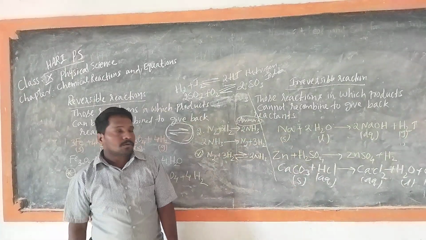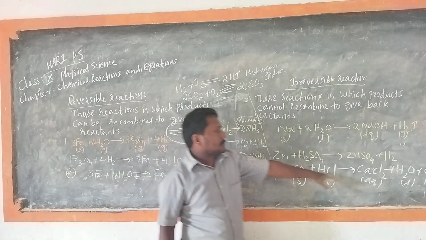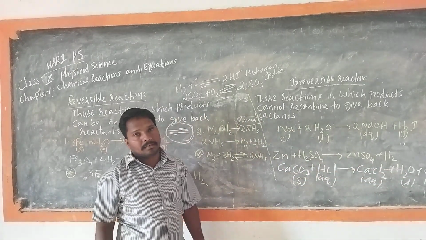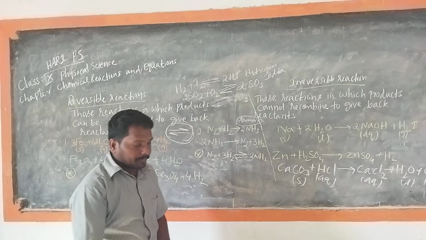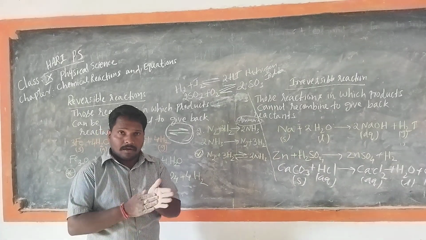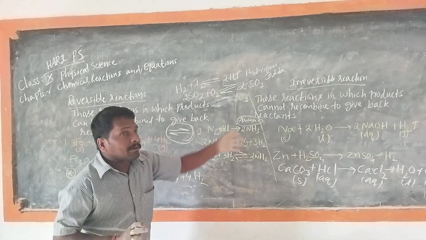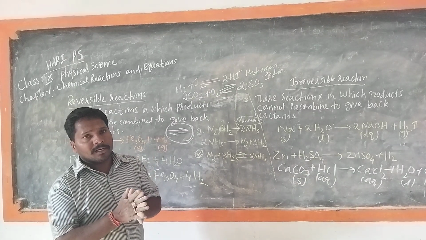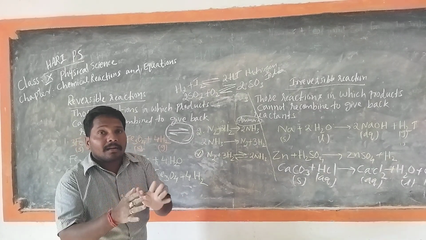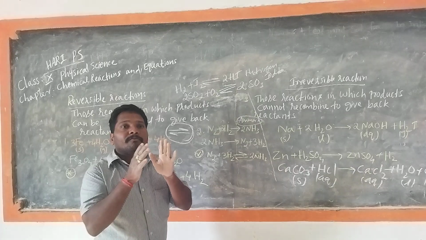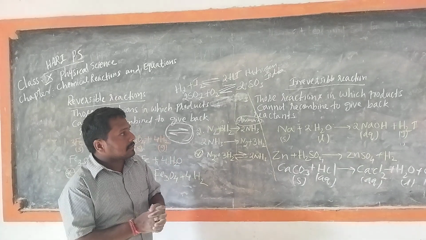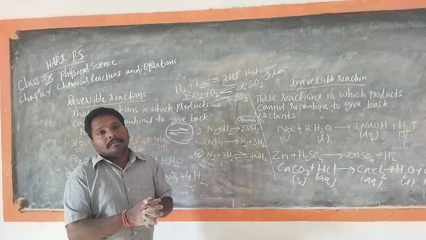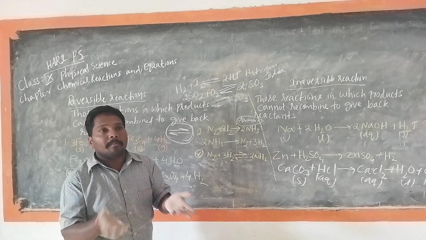So in this one also, reactants give the products, and these products do not give back the reactants. Such reactions are called irreversible reactions. In an irreversible reaction, reactants cannot form again if the products are combined.